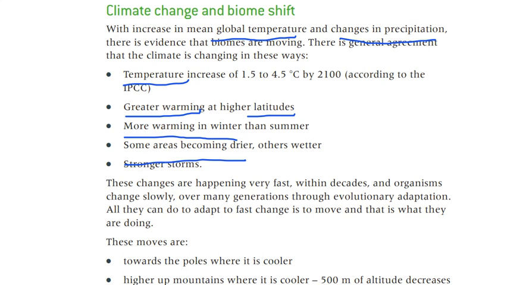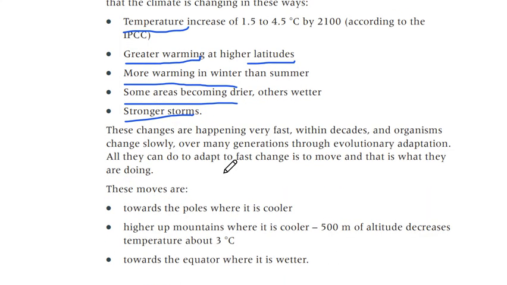It's not that the perfect conditions are being destroyed, I would say they are being depleted. There are also stronger storms moving forward. These are happening really fast, within decades only, and this is a very fast time.